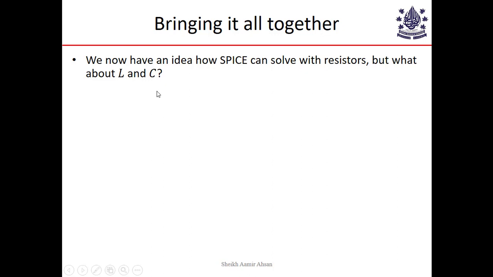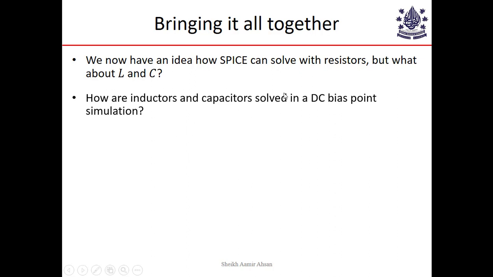Now, given this background, what about L and C? How do we solve circuits that involve inductances and capacitances? At least for a simpler case where we just have to find the DC bias point, due to a simple DC simulation using inductors and capacitors.